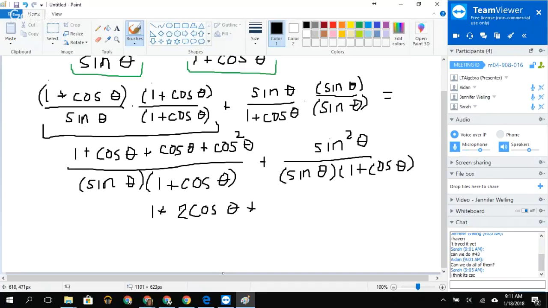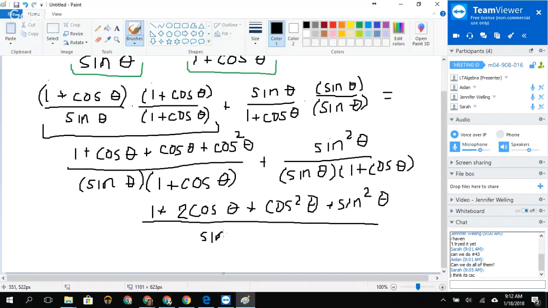Plus cosine squared theta plus sine squared theta. And we'll just leave everything that's on the bottom there: the sine of theta over 1 plus cosine theta, right?